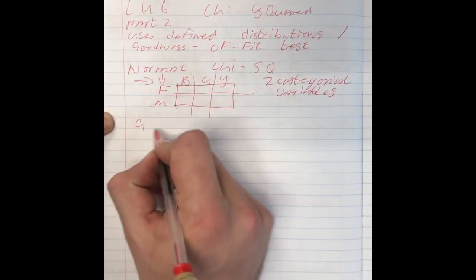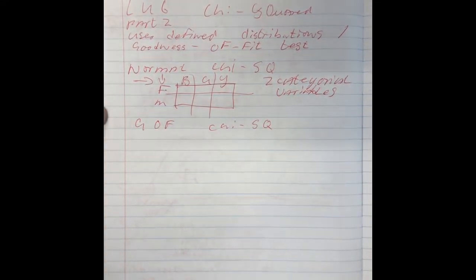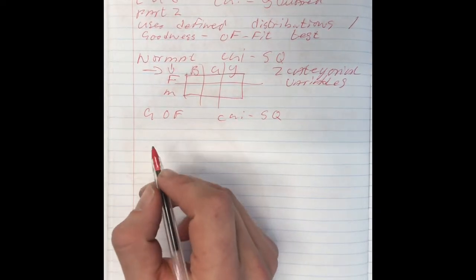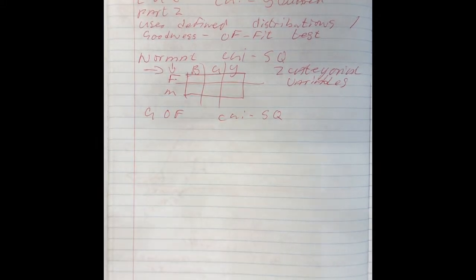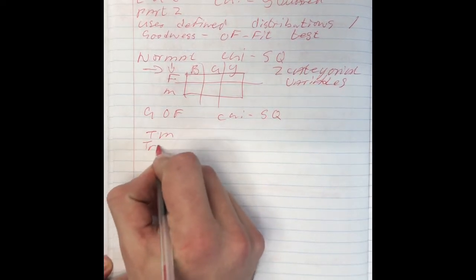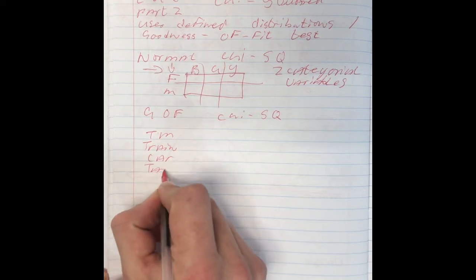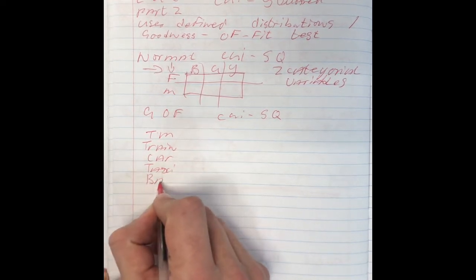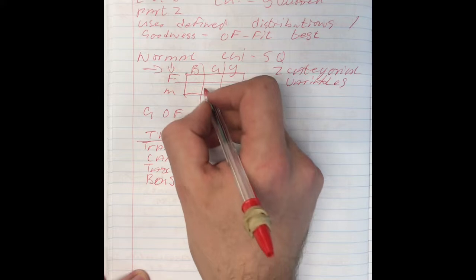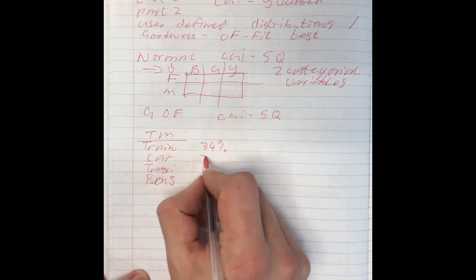Now, for goodness of fit chi square, the table looks a bit different, and that is usually how you identify it. What you will be given is something like transport mode. So we've got transport mode, and what you observe would look something like this: train, car, taxi, bus, and you will have a percentage or a value.